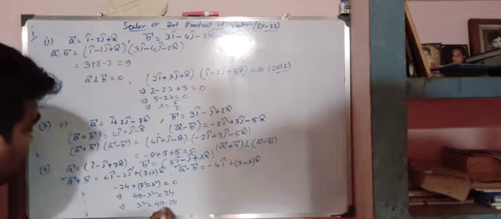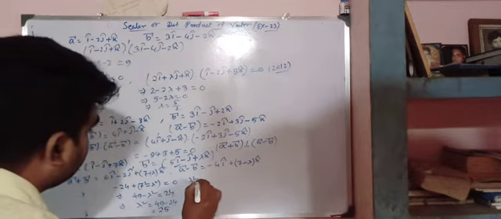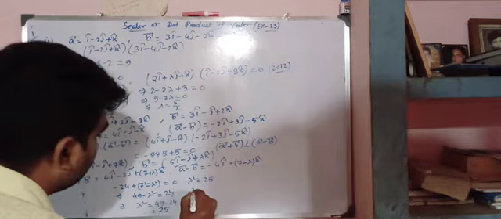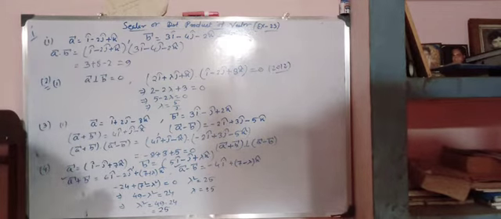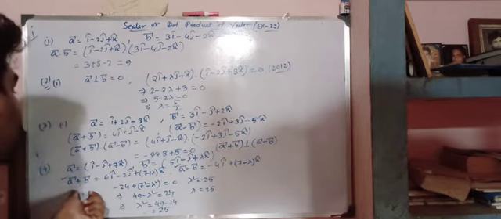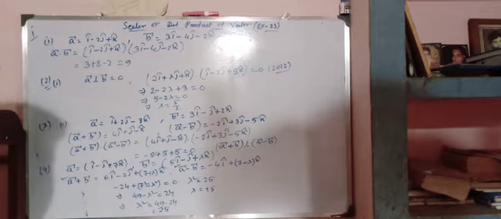Hope it is visible to you. Now lambda square is equal to 25, so lambda is equal to plus minus 5. So for the value of plus minus 5 of lambda, these two vectors should be perpendicular to each other.